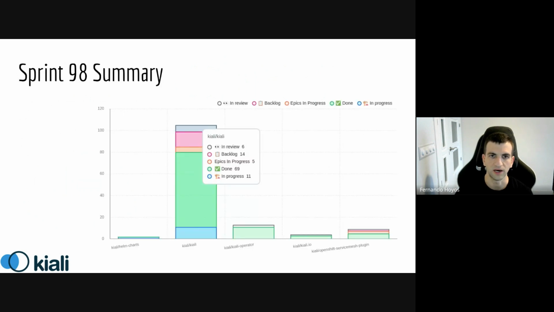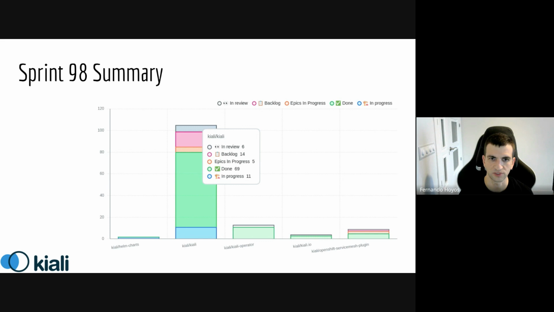Okay, about Sprint 98, summary, as always, most of the work has been done in the Kiali repository, with 69 tasks done, 6 in review, 5 epics in progress, and 14 in the backlog that we will continue working on in the next sprint.